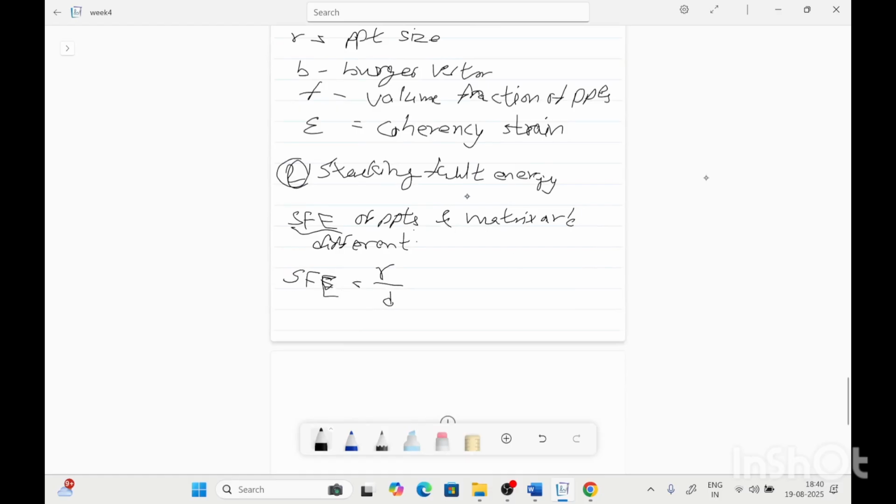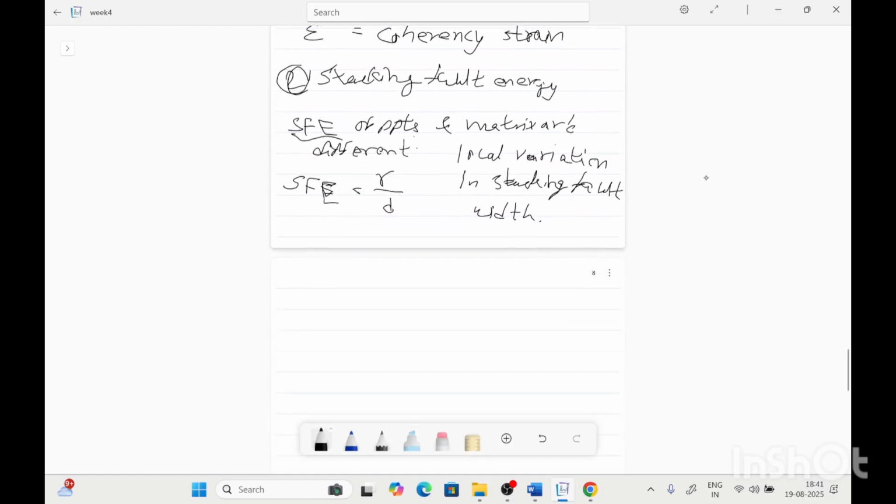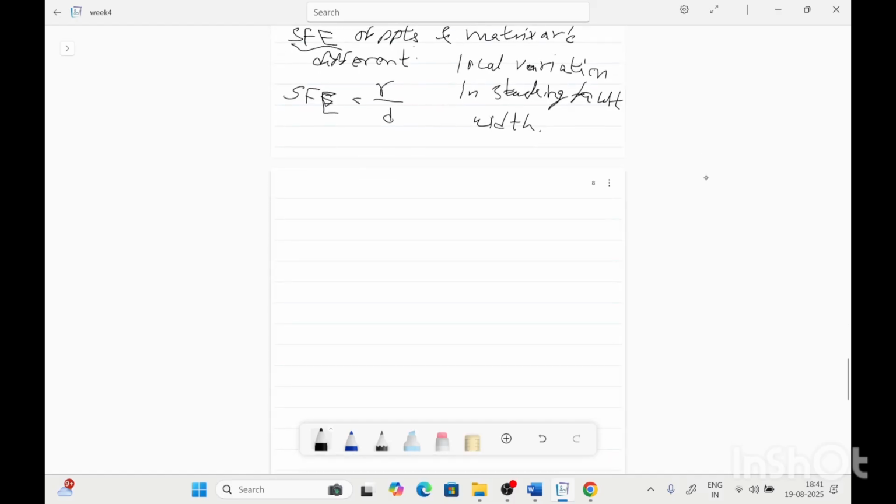If there is a local variation in stacking fault width, then due to this stacking fault width variation, the further strengthening will be given as follows.